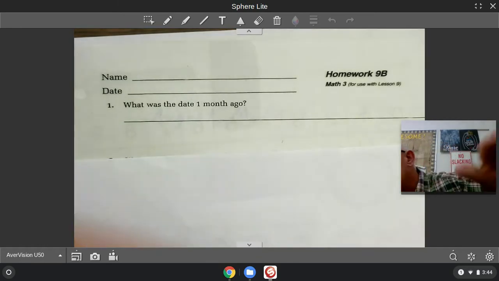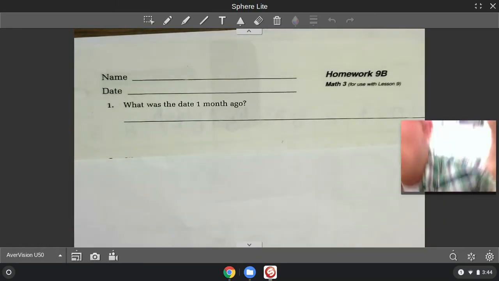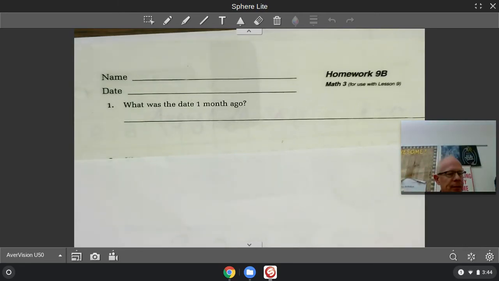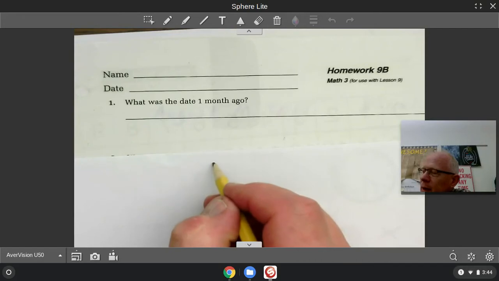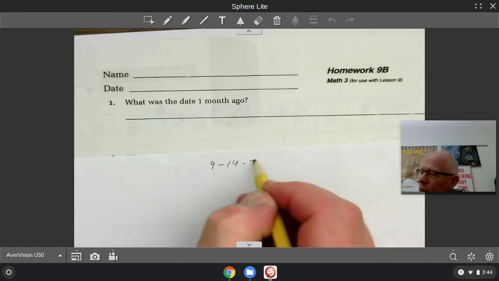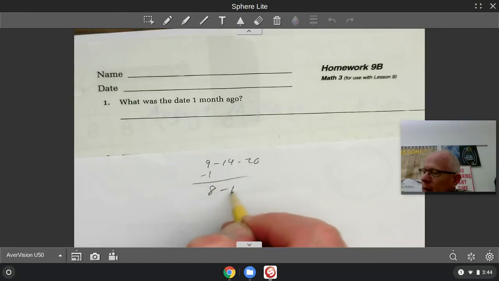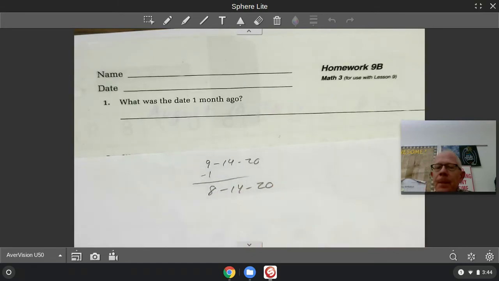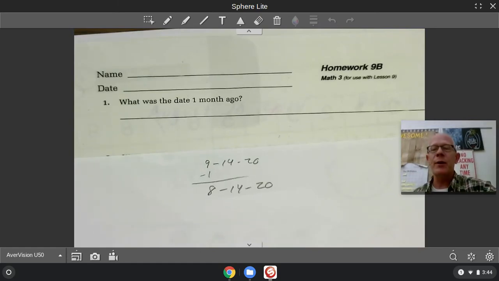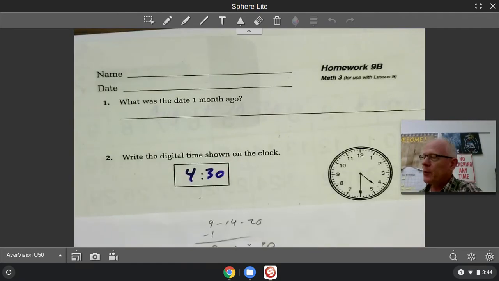Well, if the date today was 9/14/20, 1 month ago, we'd subtract 1. It was 8/14/20. That means it was August 14th, 2020. Next one. The time on that clock, 4:30.